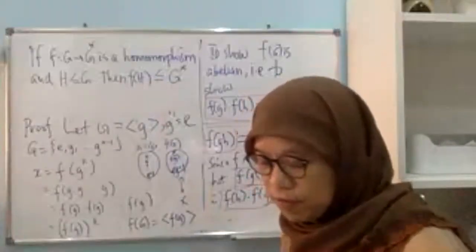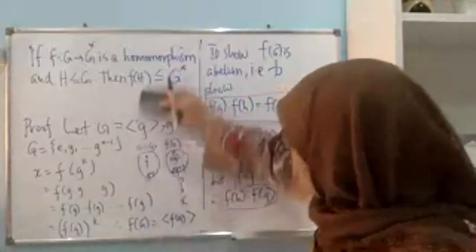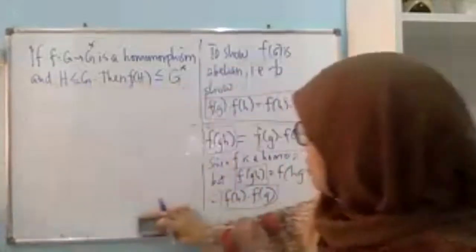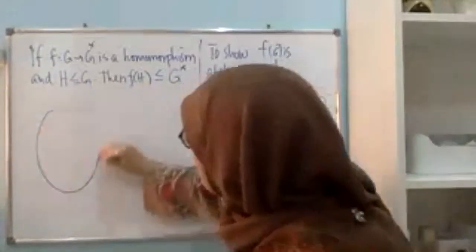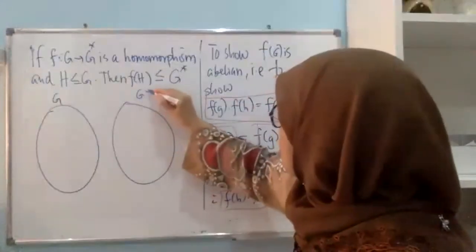Okay, and the proof is quite straightforward. Let me draw. Okay, this is your G. This is your G star.